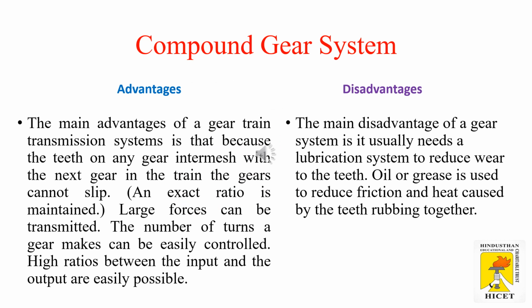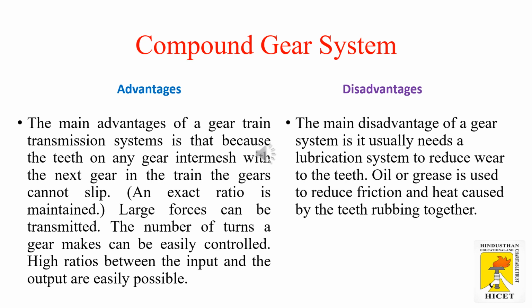When we compare this compound gear system with the simple gear system, we have some advantages as well as disadvantages. The main advantage of the gear train transmission system is that, because the teeth on any gear intermesh with the next gear in the gear train, the gears cannot slip.